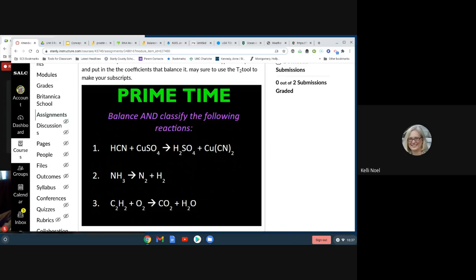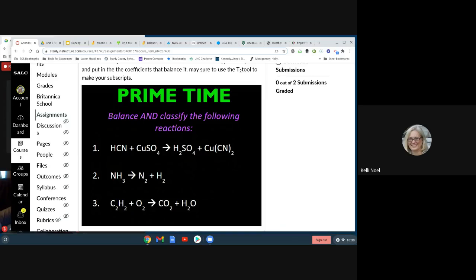So to get it balanced on the left-hand side, I'm going to put a 2 in front of the HCN, and that is all I have to do to get it balanced. So for your answer for number 1, you will type 1, you will put a 2, comma, 1, comma, 1, comma, 1.